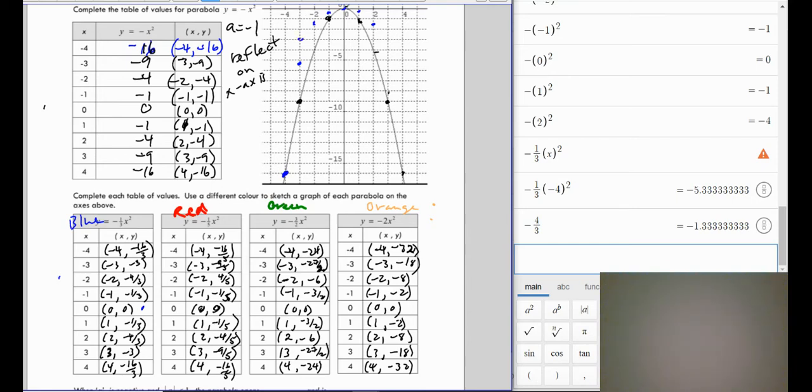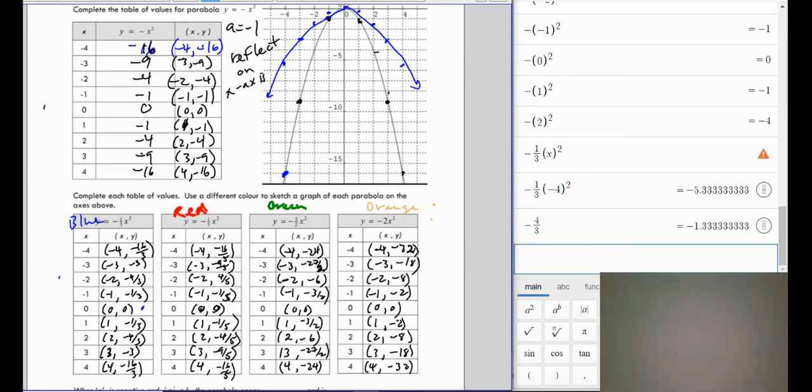So it looks like we just skipped a whole number there. And at 4 we went to 5 and a third: 1, 2, 3, 4, 5 and a third. Okay, so here we go. Make those lines symmetrical. And here's our blue curve coming out wider.